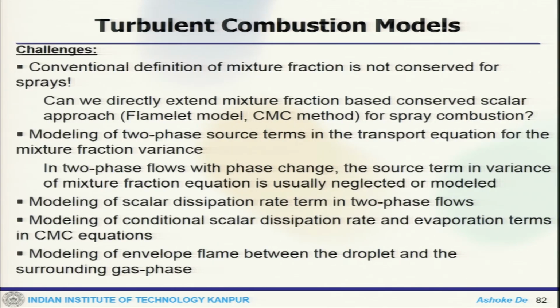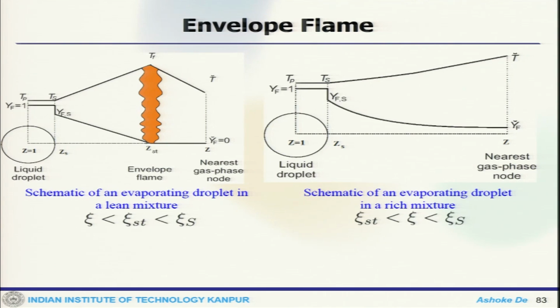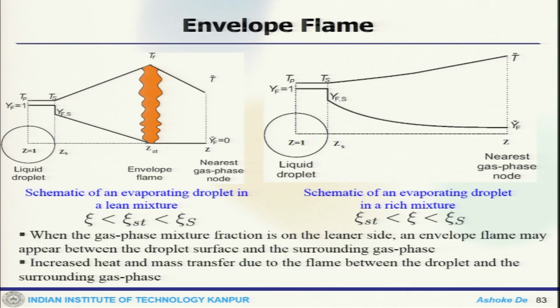So, we cannot directly extend the mixture fraction based conserved scalar approach to CMC and all this. Now, there is the two phase source term in the transport equation for mixture fraction variance. Scalar dissipation rate is another thing, and the flame envelope, one can look at these things.